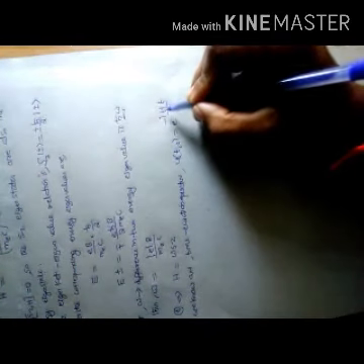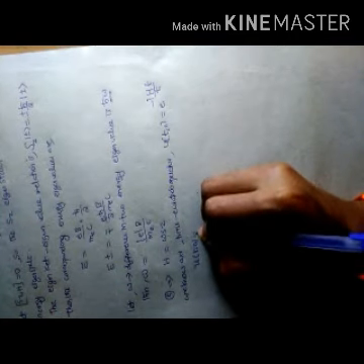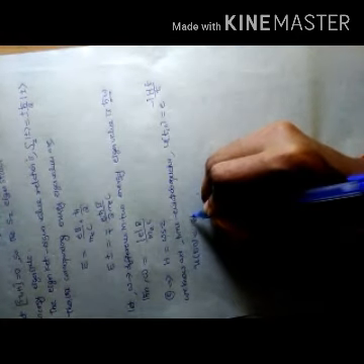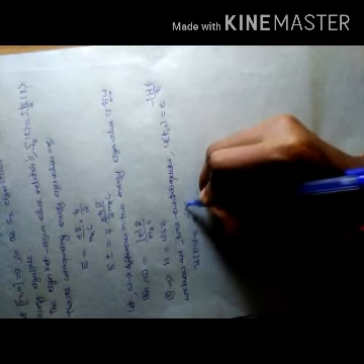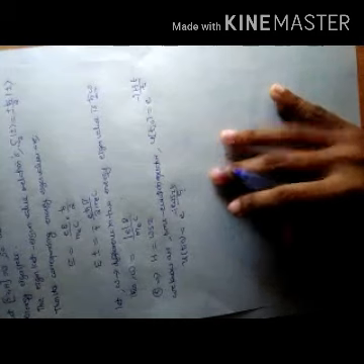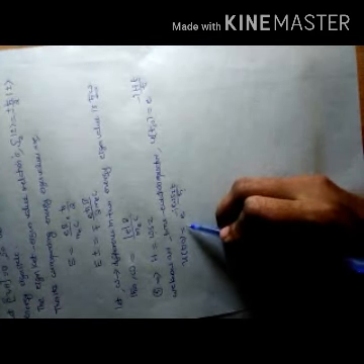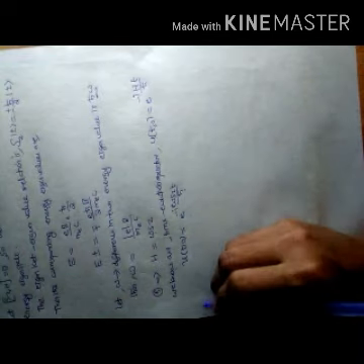So putting the value of H here, the time evolution operator becomes U(t, 0) equals e raised to minus i omega Sz t by h cross. So this time evolution operator contains all the information about the time development.